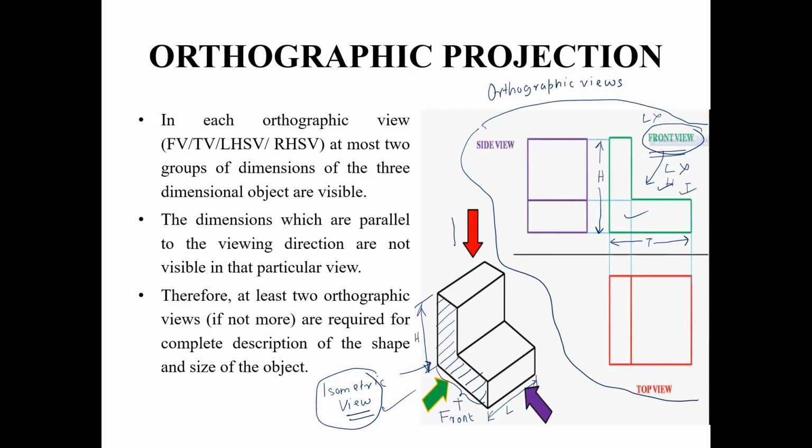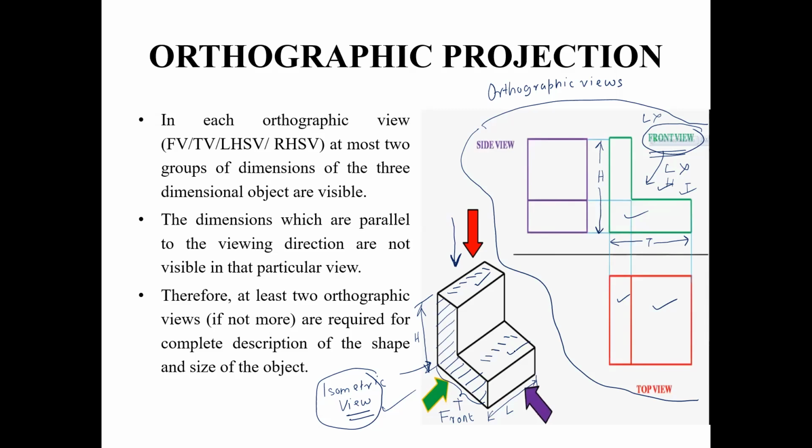When you look at the object along this direction, you will see this surface and you will see this surface. So this part of the top view is representing the top view of this surface, and this part of the top view is representing the top view of this surface. Why the top view is looking like this, I have explained that.